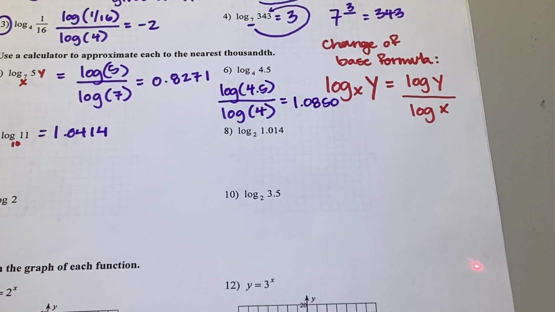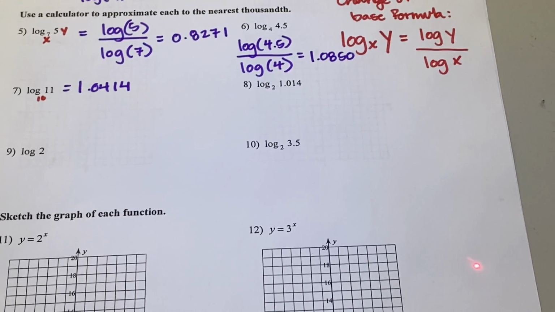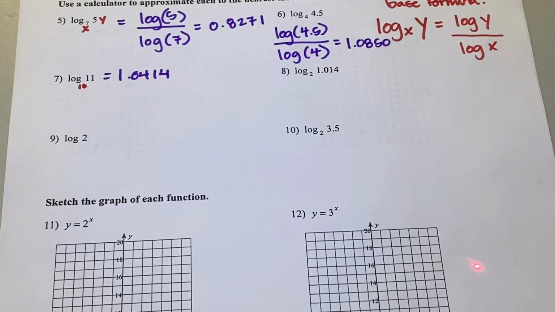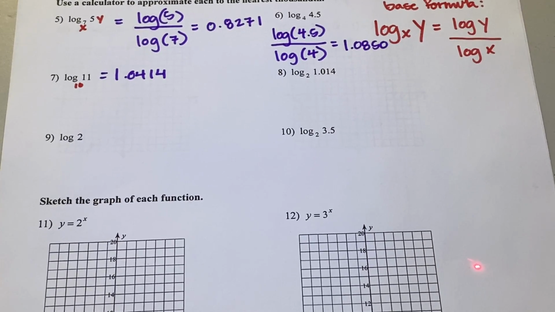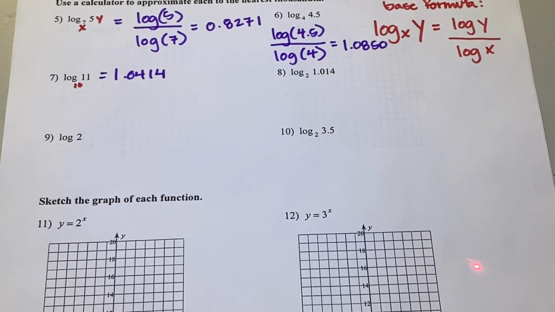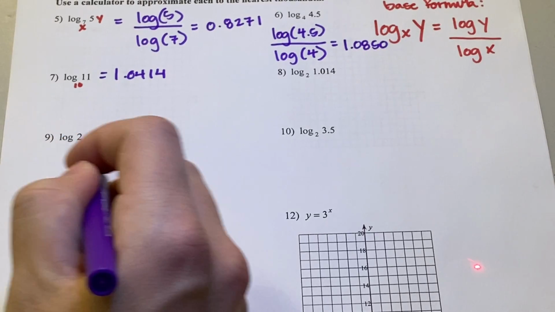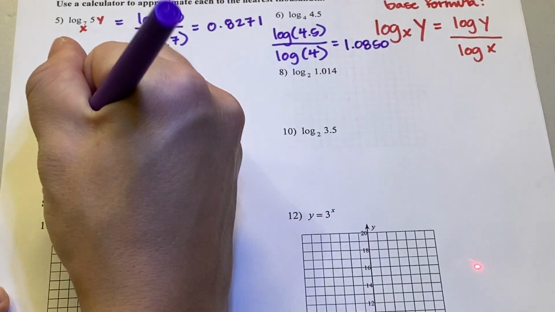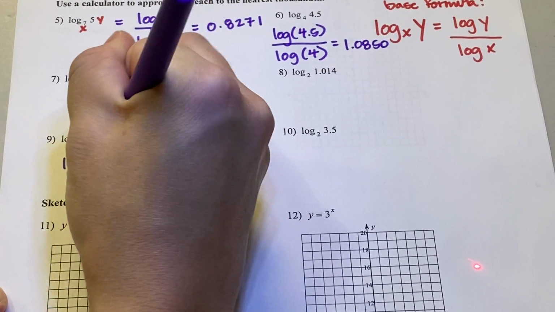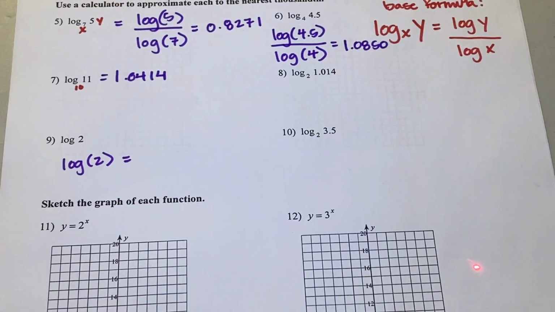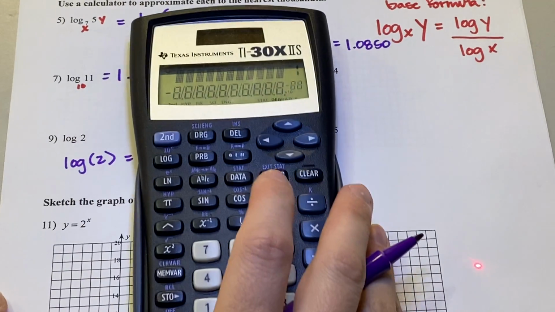Okay. Let's look at 9. Go straight to 9 then. Maybe I'll have you do 8 and 10 on your own. What's my invisible base? 10. Do we have to do the log of something divided by the log of something? No. What can we just type in our calculator? The log of 2. You can literally type in log of 2 in my calculator.